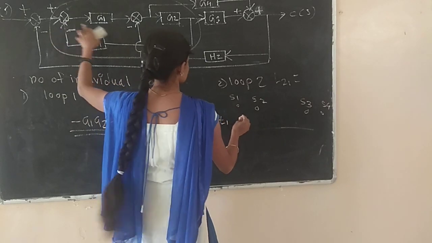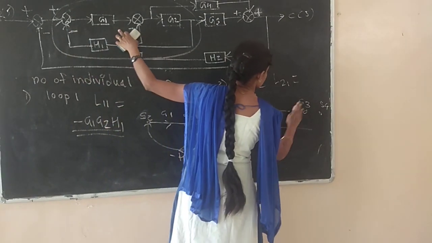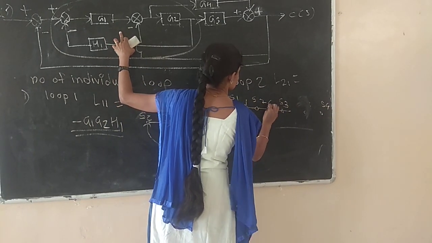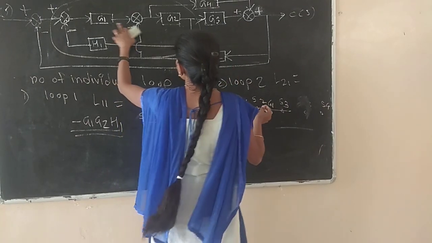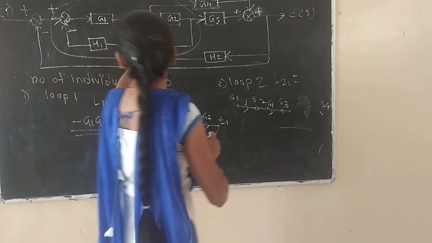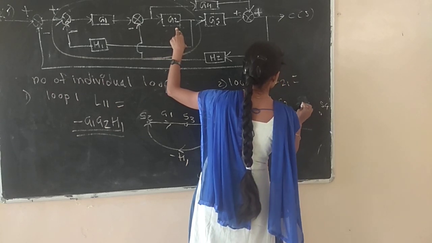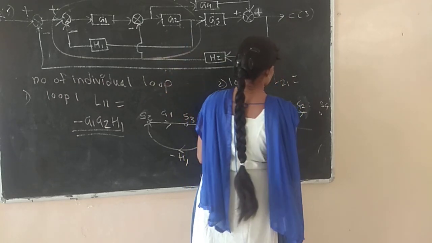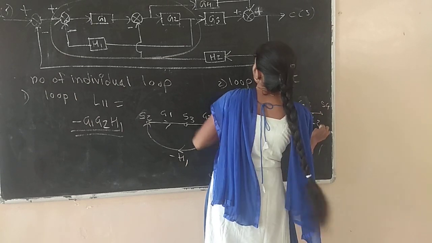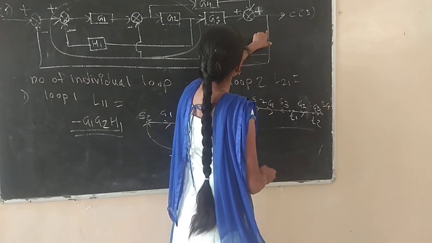From S1 to S2 is 1, then S2 to S3 is G1, then take off point T1 and G2, then take off point T2 and T2 to G3, and this is S4.